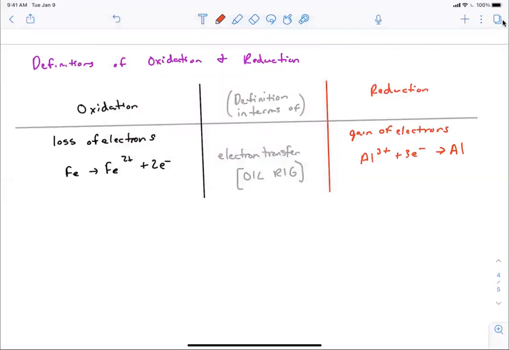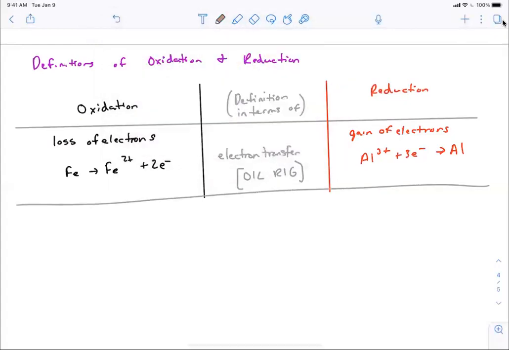If the electrons are on the product side, that means you're producing the electrons. That means you're losing them from the system. That's oxidation. If the electrons are on the reactant side, then you're gaining the electrons into the system, so that's reduction. But the limitation, again, is the electrons have to be seen in the equation for you to be able to determine that scenario. So there's a limitation there in some reactions.